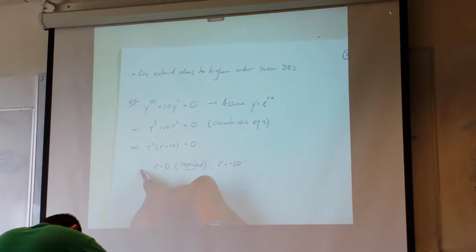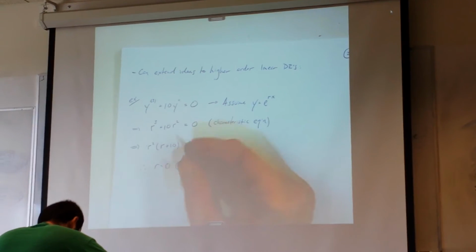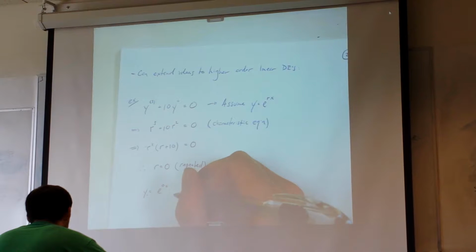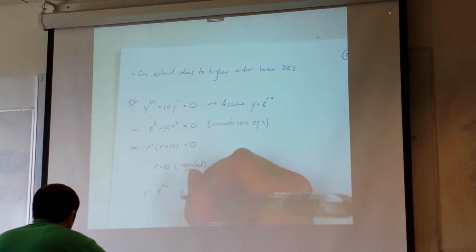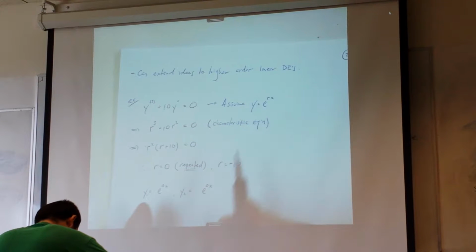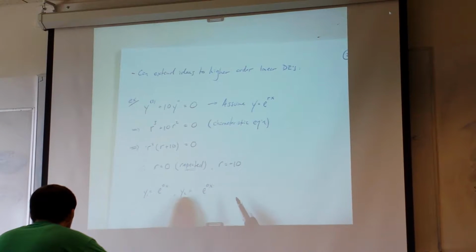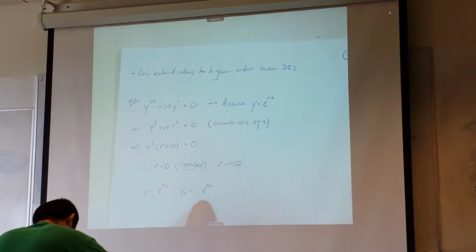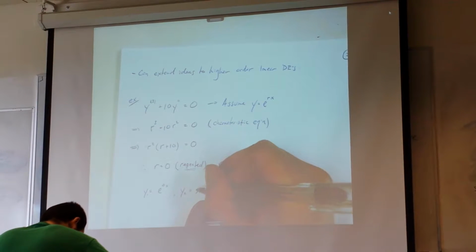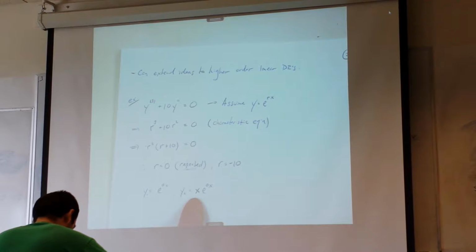When we get a repeated root, the solutions would be y1 equals e to the 0x, and y2 equals e to the 0x. But if I get a repeated root, I don't just repeat the same function. It turns out, and we'll verify that this is a solution, you pick up a factor of x out front.